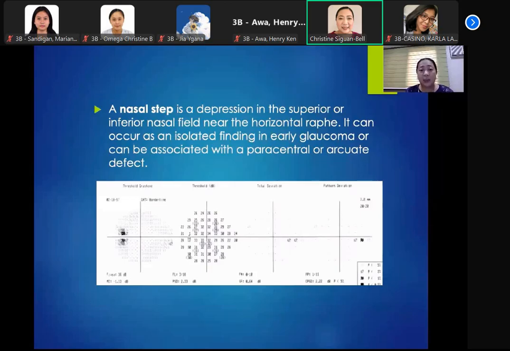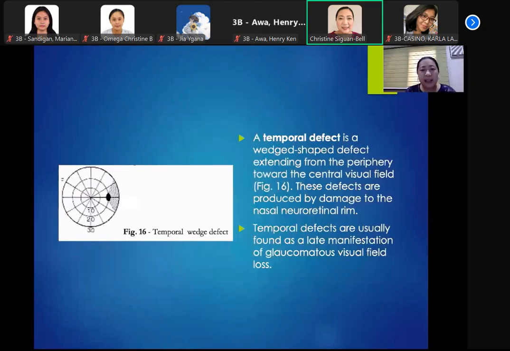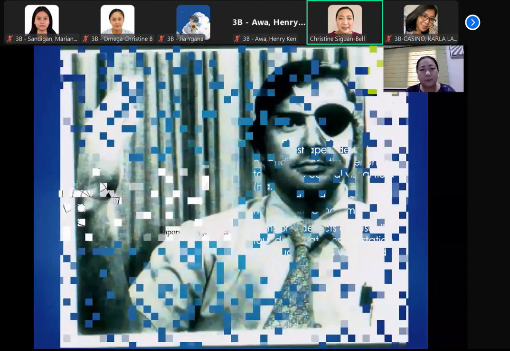It can occur as an isolated finding in early glaucoma or can be associated with a paracentral or arcuate scotoma. A temporal defect is a wedge-shaped defect extending from the periphery towards the central field of vision. These defects are produced by damage to the nasal neuroretinal rim. The temporal defects are usually found as a late manifestation of glaucomatous visual field loss.